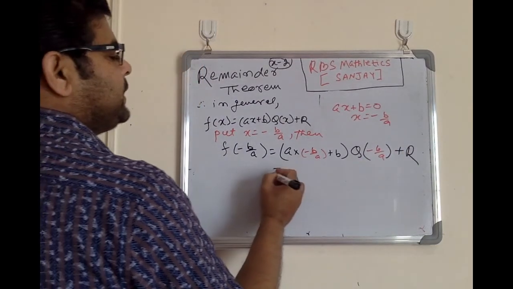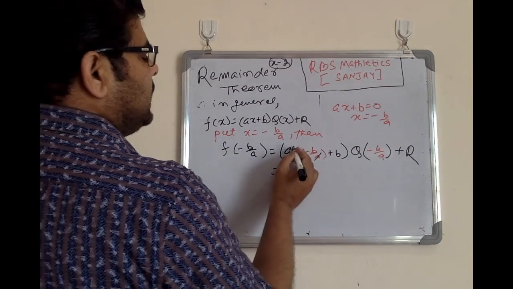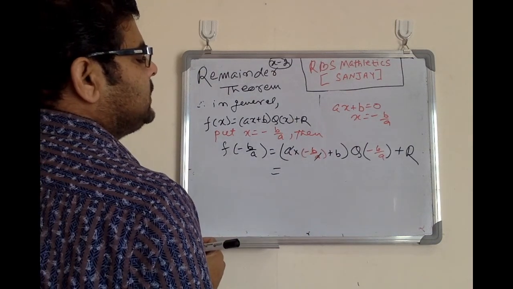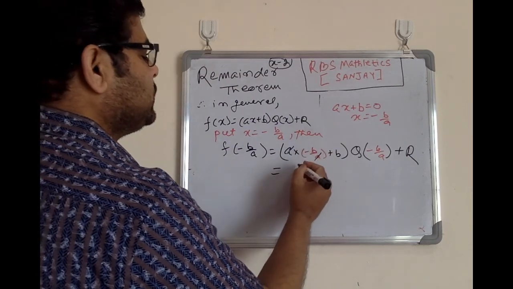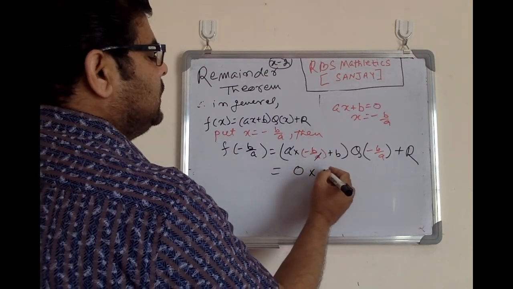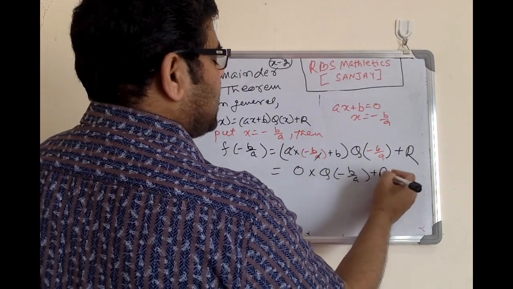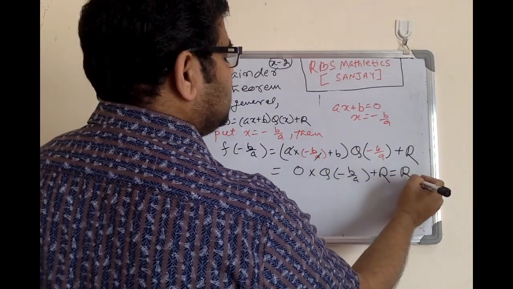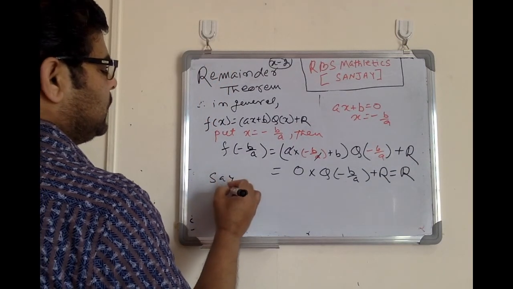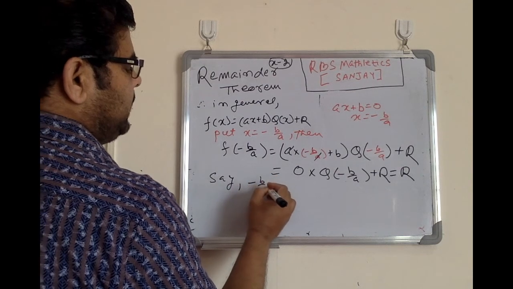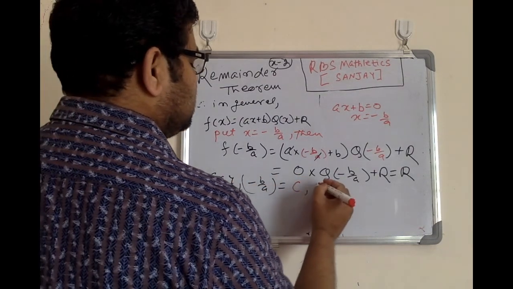After that, the a in the denominator and the numerator cancel each other, and negative b and positive b make it 0, so it is 0 times q plus r, and finally you are left with r only. So say for a while -b/a equals c.